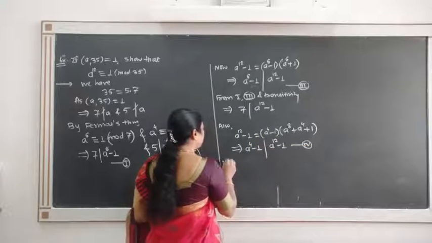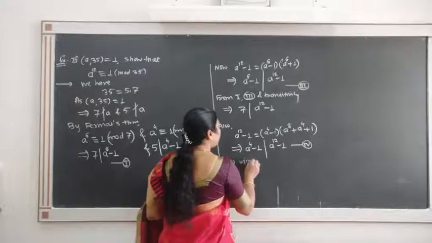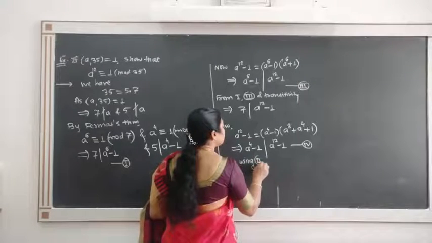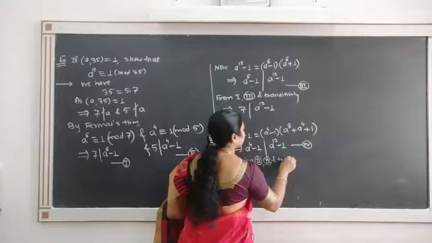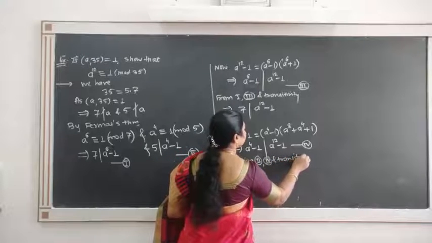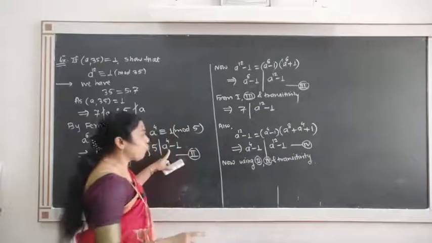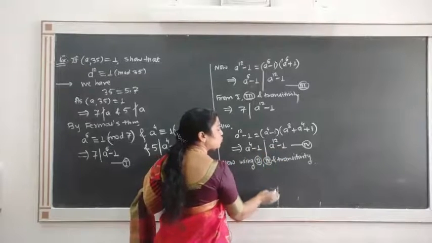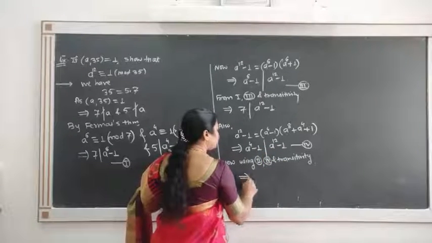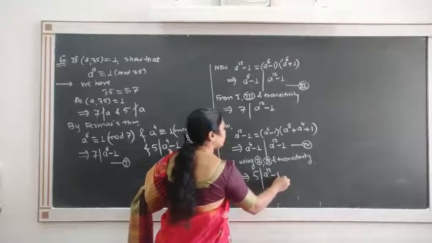Now use second, fourth and transitivity. 5 divides A raised to 4 minus 1, and A raised to 4 minus 1 divides A raised to 12 minus 1. So by transitivity, 5 divides A raised to 12 minus 1.